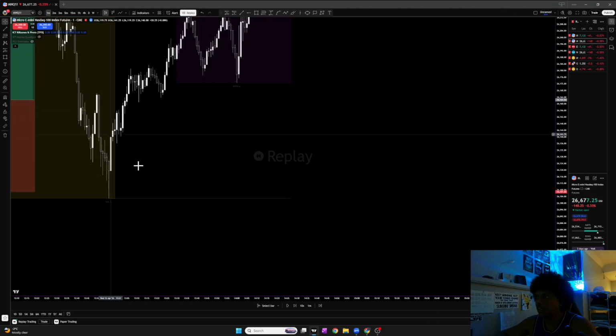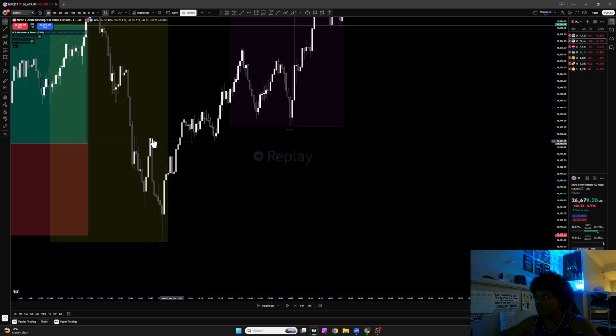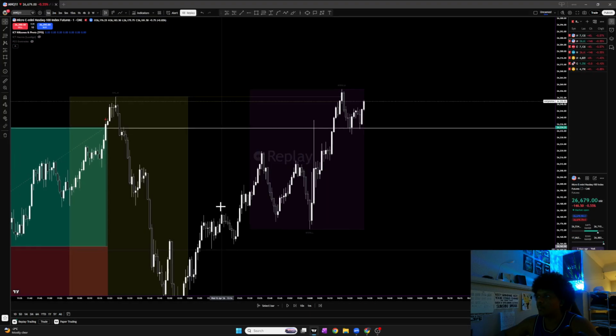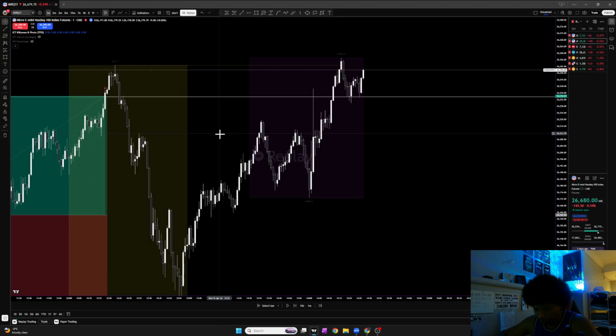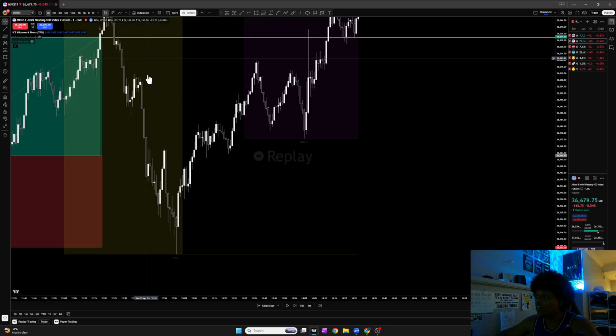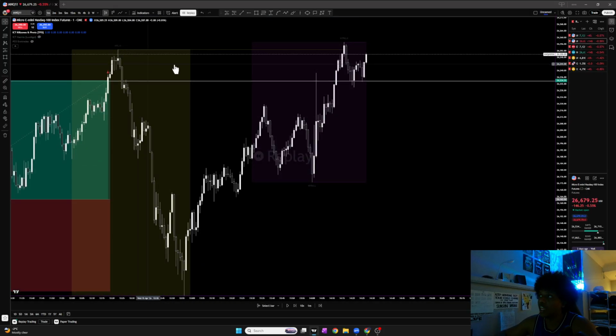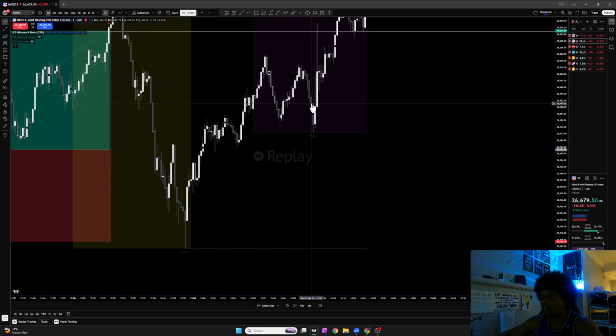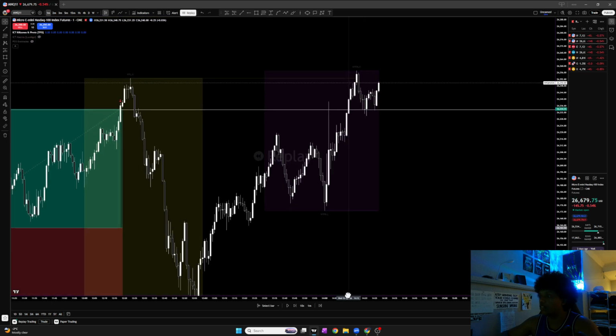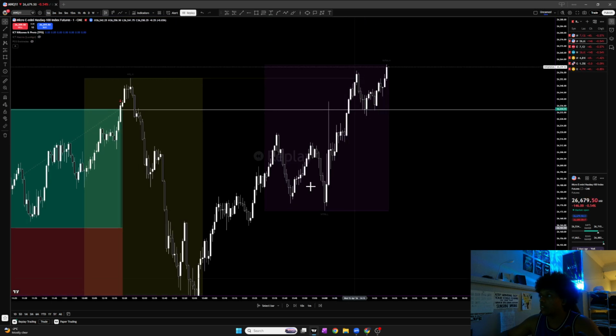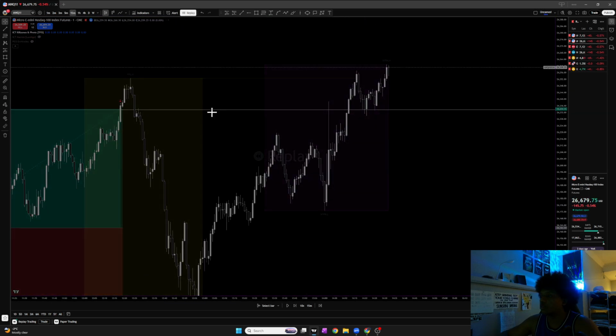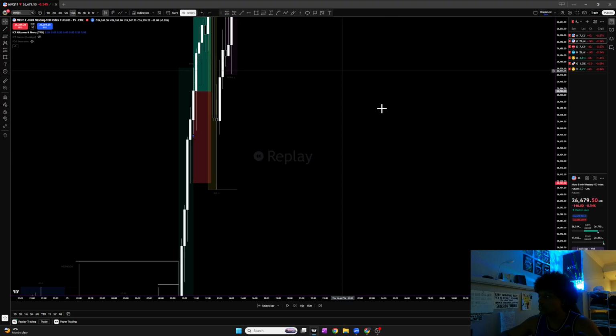Moreover, we got two more inversions and then a market structure shift, which is absolutely a good setup. And also we got a high to actually target, so that would do it. Anyways, let's get into Thursday next.